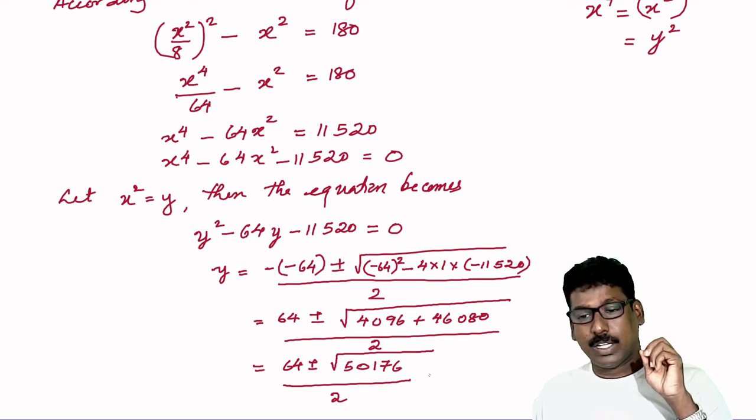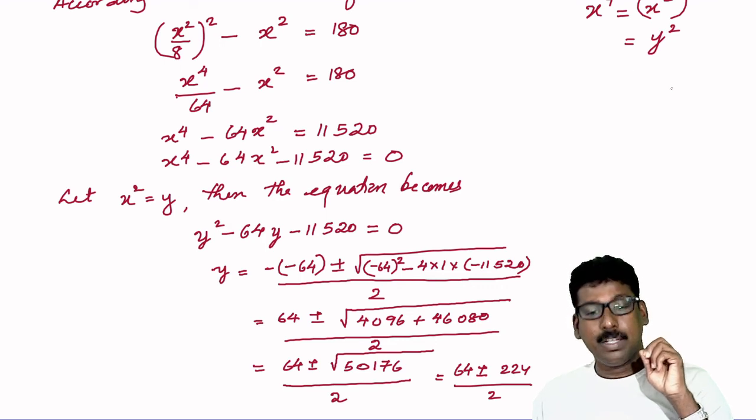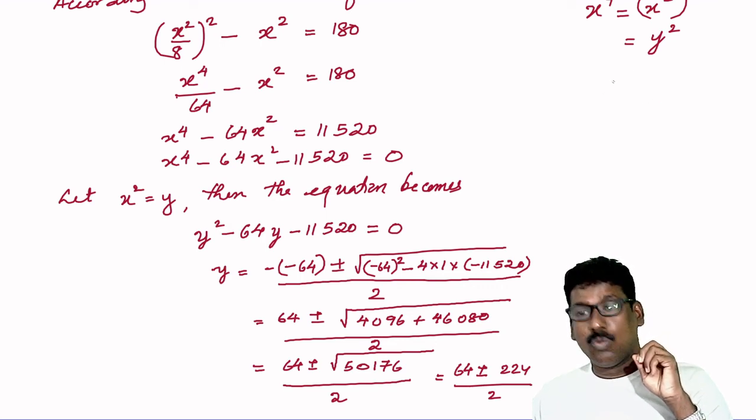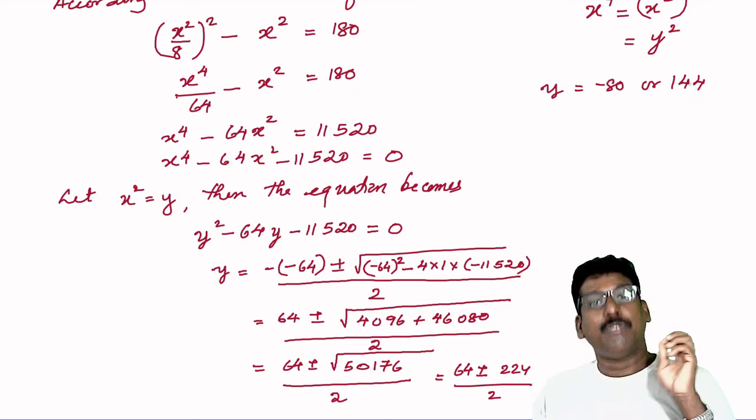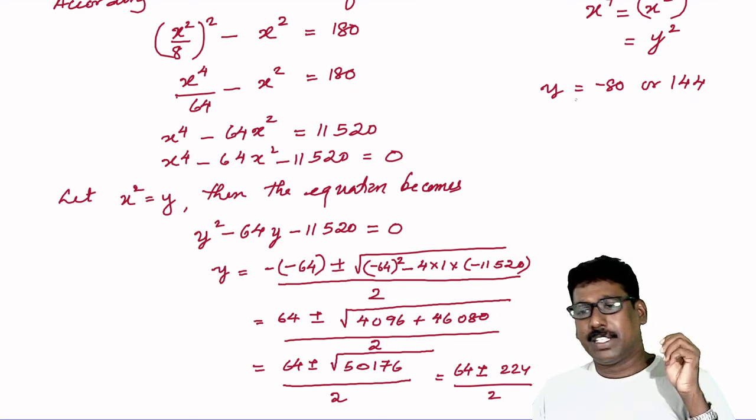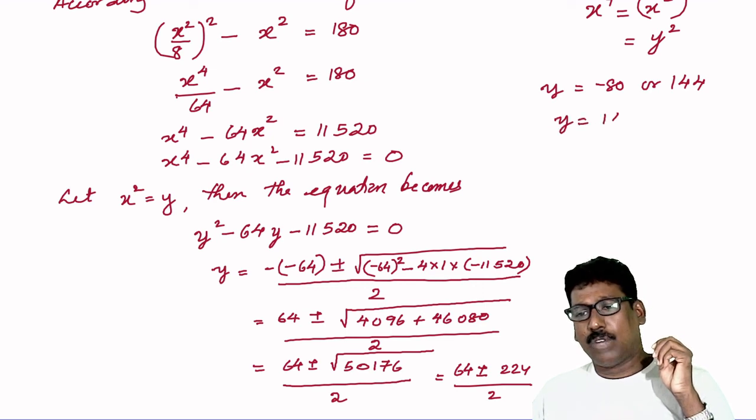So this you can write as 64 plus or minus 224 by 2. Here y you will get as negative 80 or 144. Here y is equal to negative 80 we can reject. So y is equal to 144.